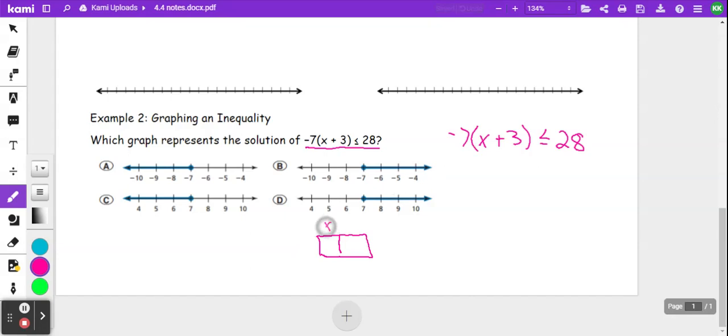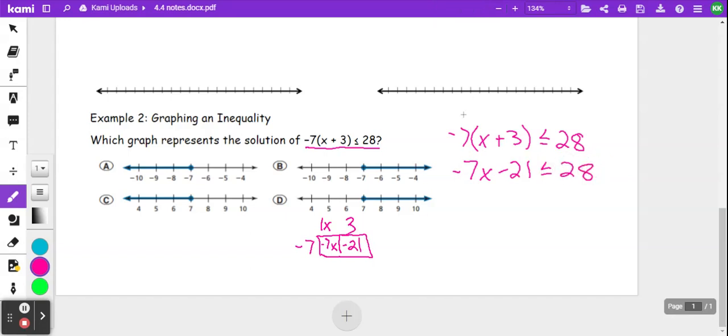With the box method, you have 2 terms on the inside of the parentheses, so I put those on the top, and then I put whatever's on the outside to distribute on the outside. Then we multiply. That's 1x, so negative 7 times 1x is negative 7x. And then negative 7 times positive 3 is negative 21. So then I just take that and replace this part of the problem with it: negative 7x minus 21 is less than or equal to 28.